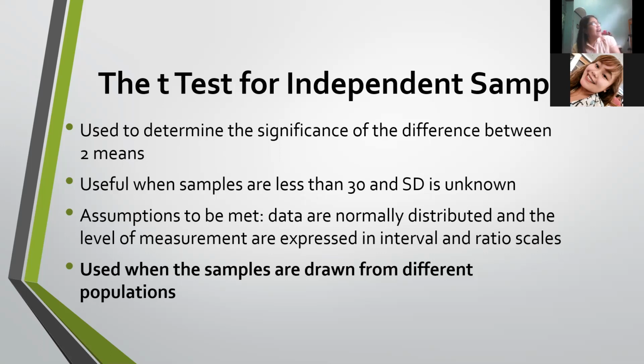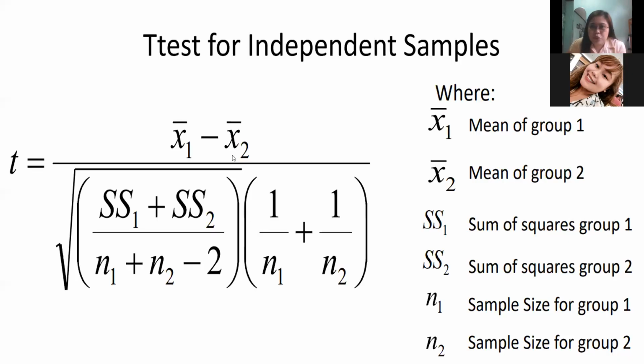So most likely the statement of the problem is, is there a significant difference between the knowledge of boys and girls in terms of COVID-19? So we will use the t-test when we want to analyze our data.